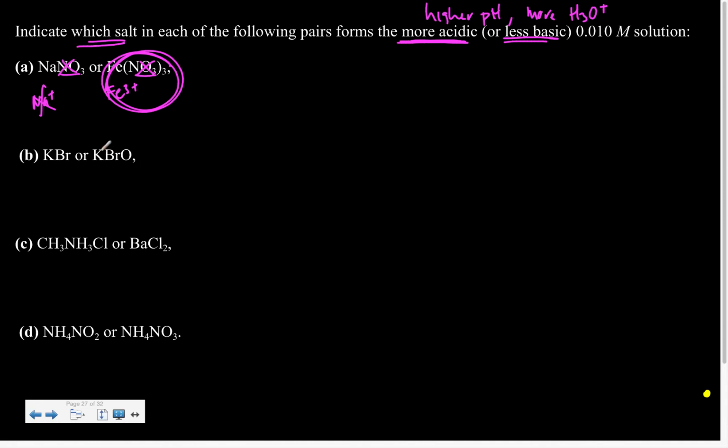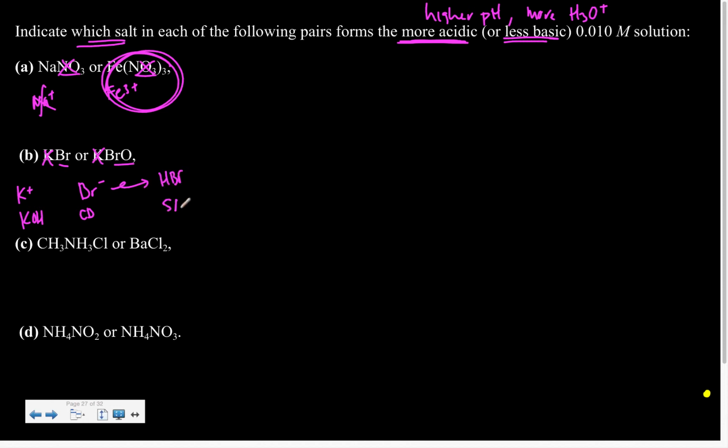All right, here. They both have potassium in common, which means that potassium's not going to be our point of reference. If we think about potassium ions, they come from a strong base, which means negligible effect on pH. So that leaves us with bromide versus hypobromite. Bromide is the conjugate base of HBr.